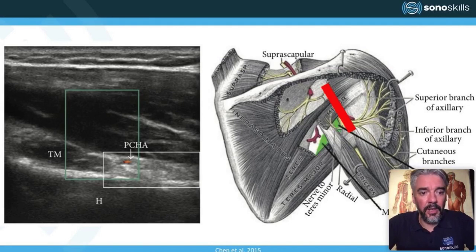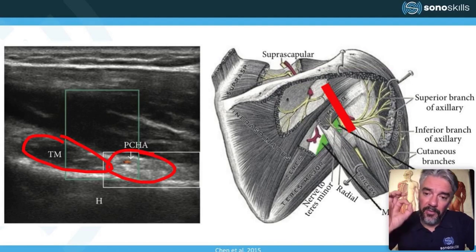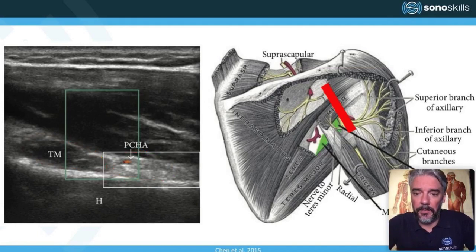This is the muscle belly, the transverse muscle belly of the teres minor, and right next to it we can see a zone. If you switch on your Doppler, you can see the pulsation of the posterior circumflex humeral artery, with right next to it the nerve, the axillary nerve.